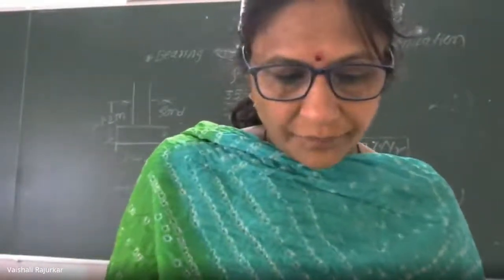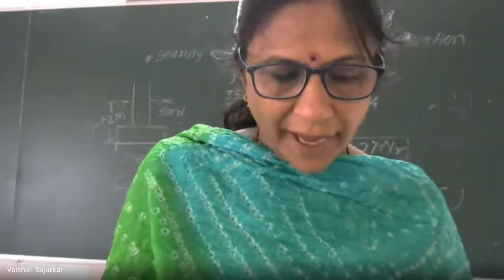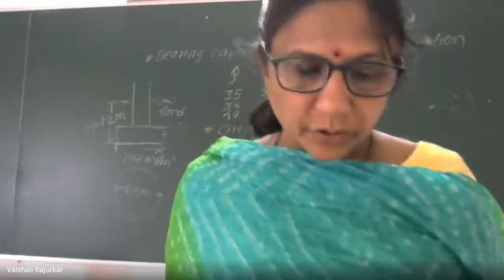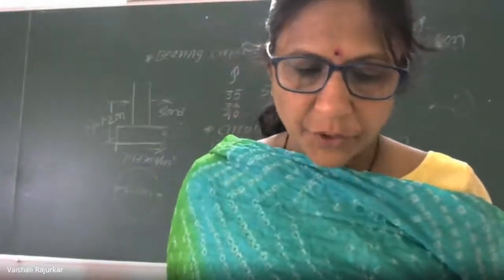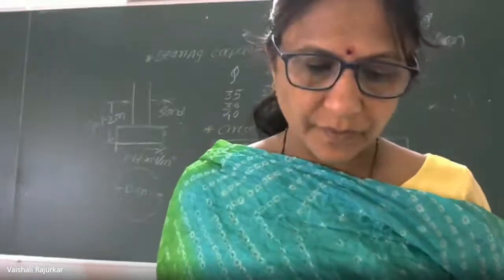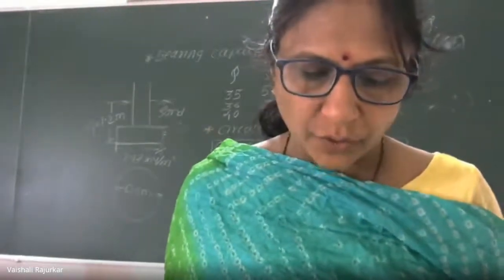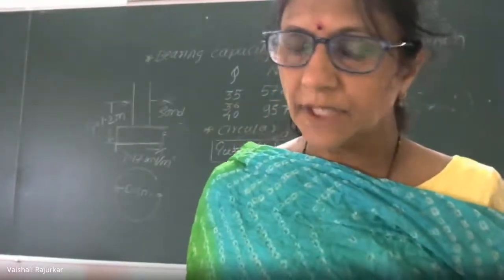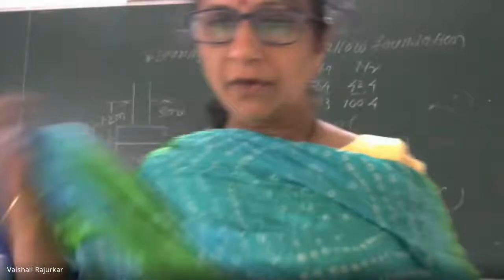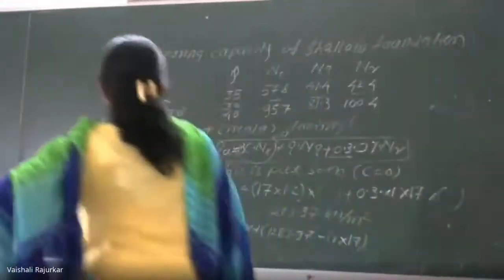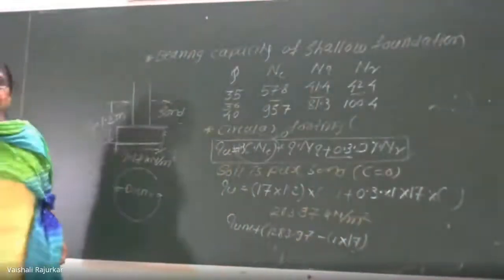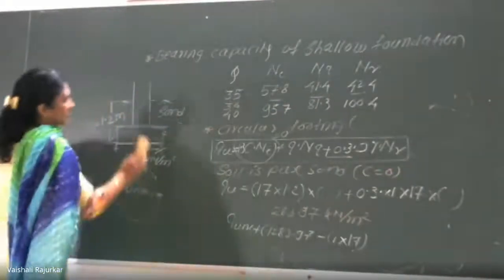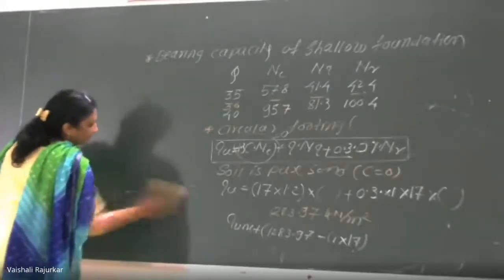So for phi dash equal to 30 degree, Nq dash is 22 and N gamma is 20. Now this is the case when local shear failure is expected, but there is nothing to consider regarding C and phi. Directly the effective parameters are given, right?